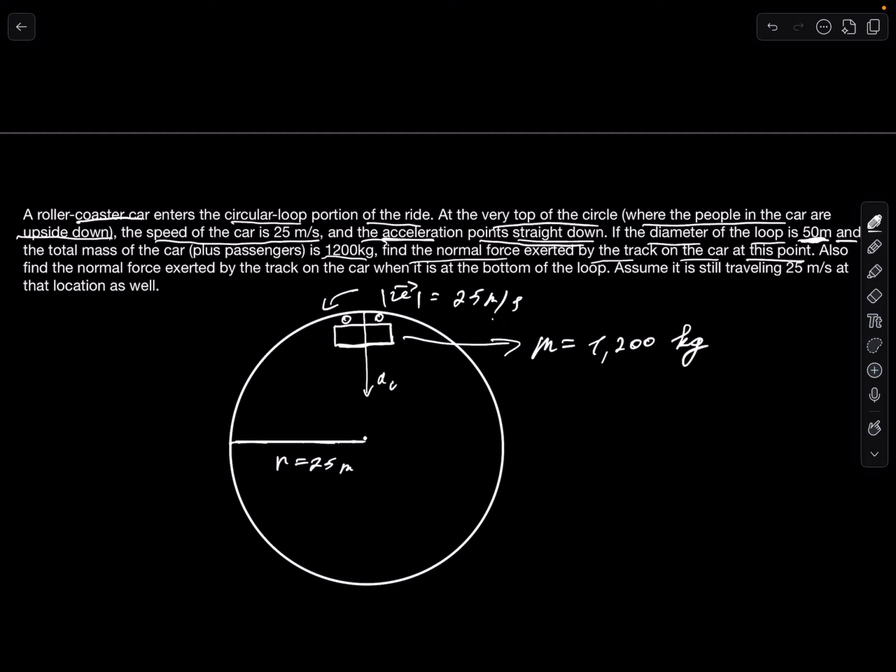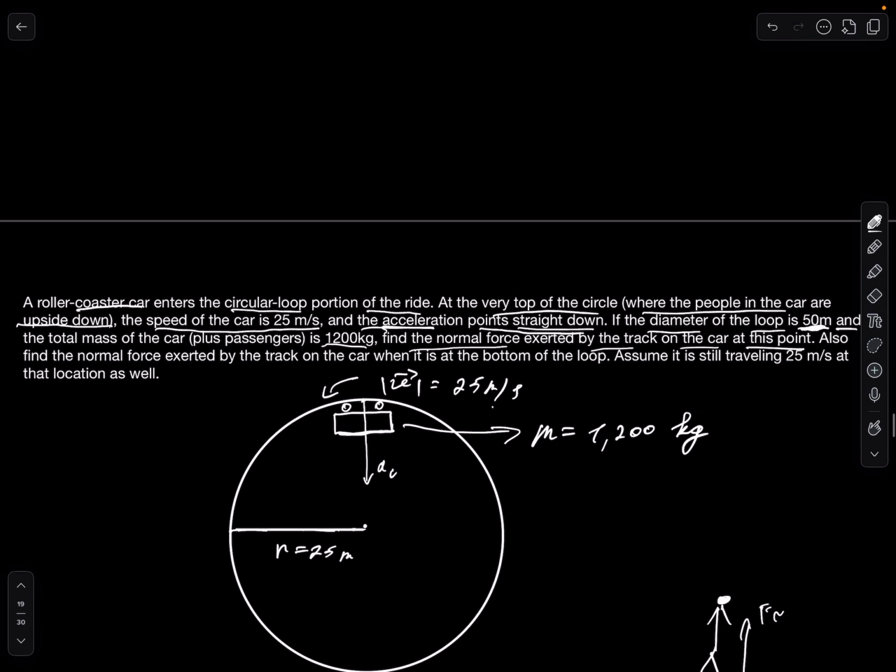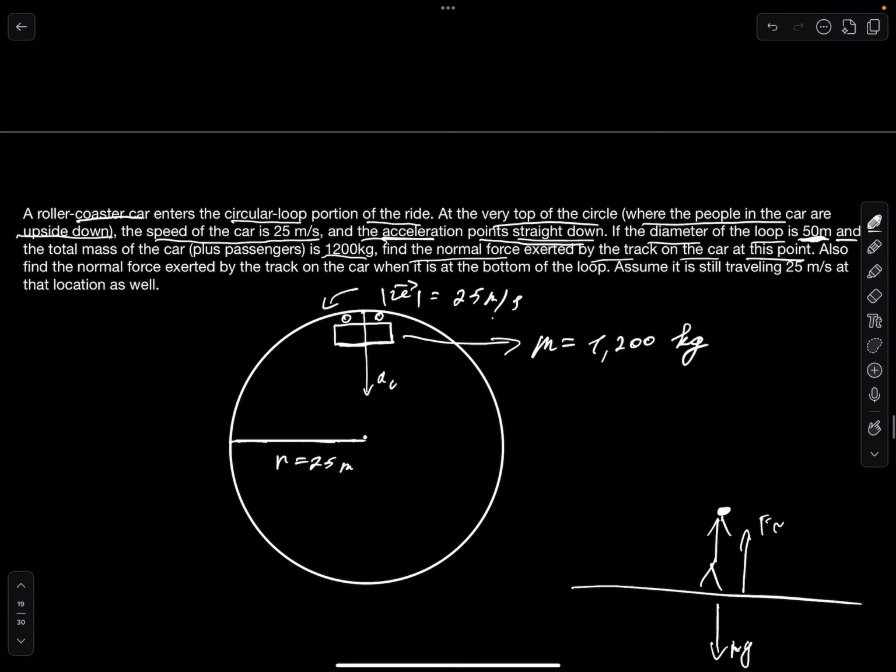We know that the normal force... Basically, normal force here is going to point downward. We know that if there is a human standing on the ground, the normal force will push the human up, while the force of gravity will pull the human down. In this specific scenario, we have everything upside down.